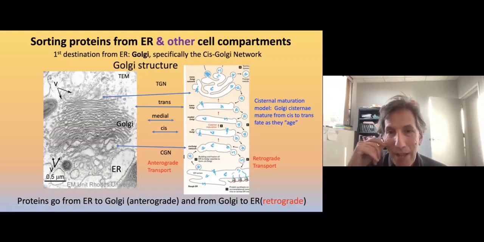And you might say, well, that sounds good, but it doesn't have the modification enzymes needed for a cis-Golgi cisterna. We'll just have the ones of the cis-Golgi network.